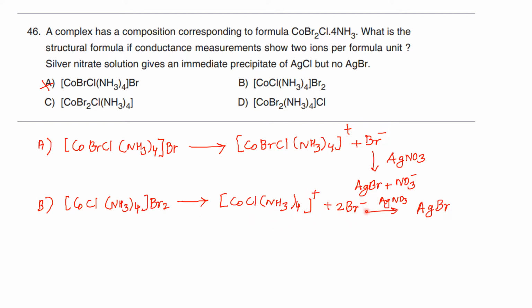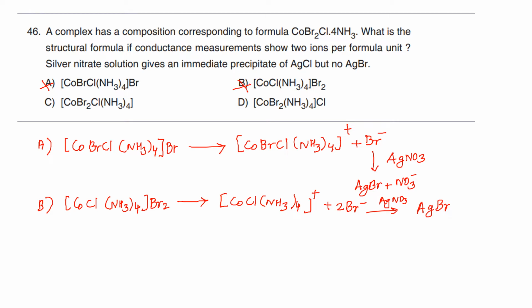It gives rise to 2 bromide ions and a positively charged complex ion. So when you count the total number of ions, it is 2 plus 1, 3. So it doesn't satisfy this condition. Moreover, the reaction of the product with silver nitrate forms AgBr, not AgCl. So this does not satisfy both conditions. Therefore, we can also rule out option B.